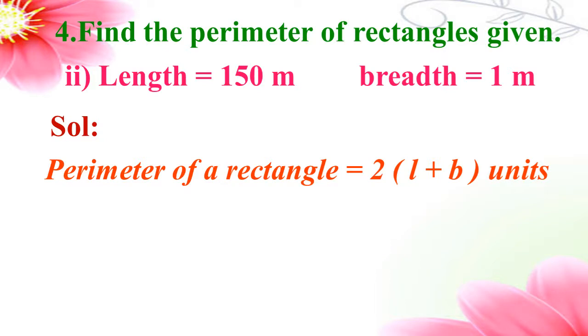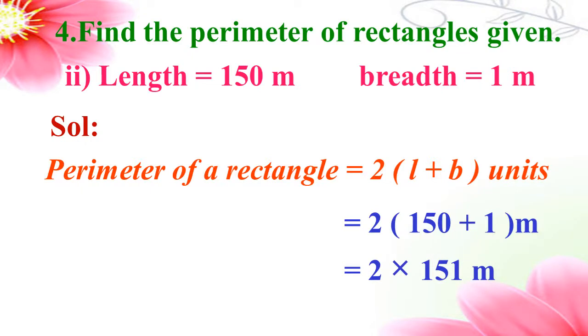That is, L means length, B means breadth. So 2 into 150 plus 1 meter equal to 2 into 151 meter equal to 302 meter.